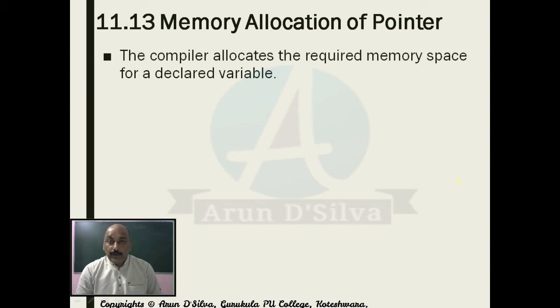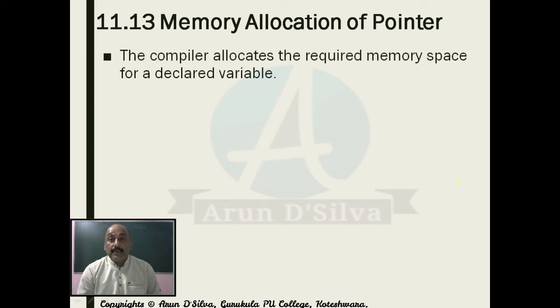As I told you, the compiler allocates the required memory space for a declared variable. If it is an integer type variable, 2 bytes of memory location will be allocated. If it is a character type variable, 1 byte will be allocated.